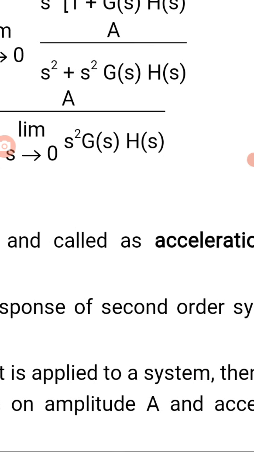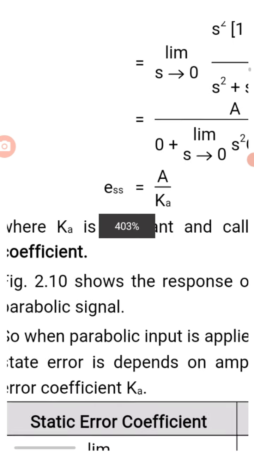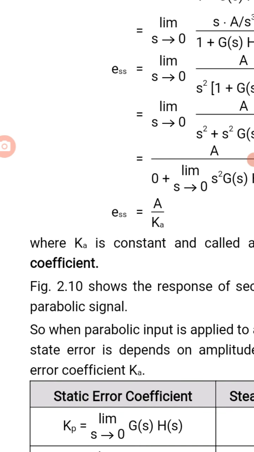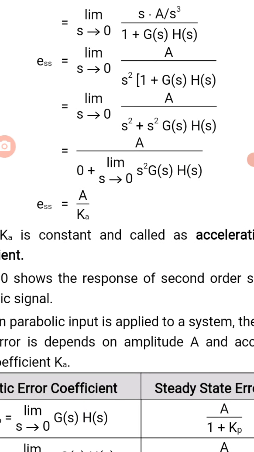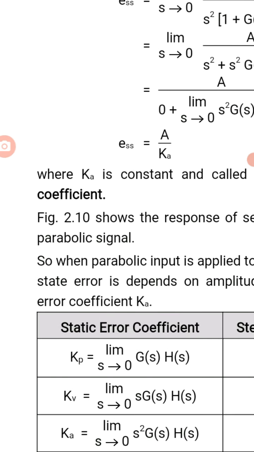Ka is constant and called acceleration error constant. Figure 2.10 shows the response of second order system to parabolic signal.